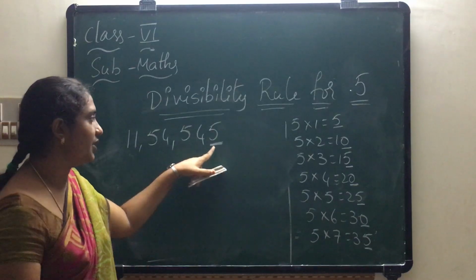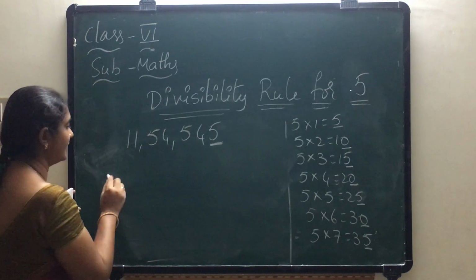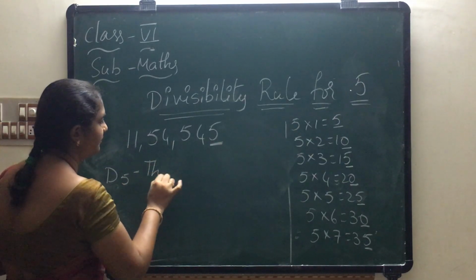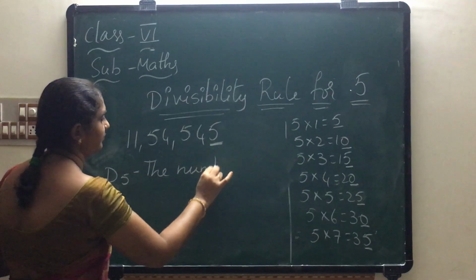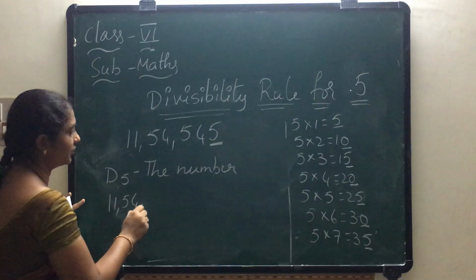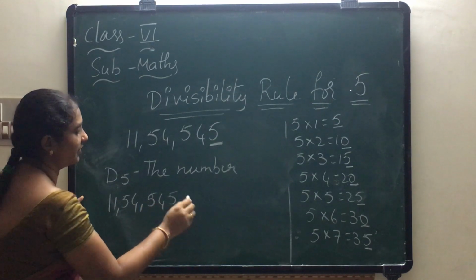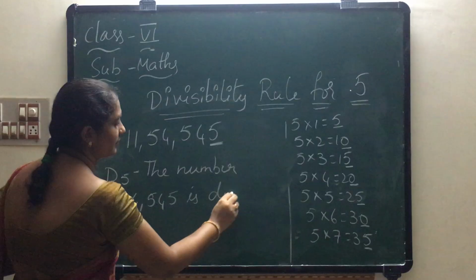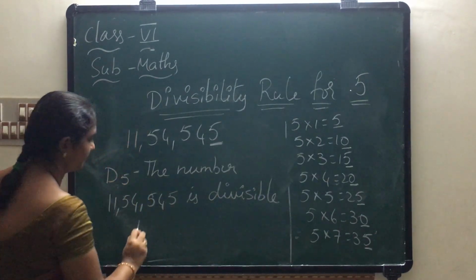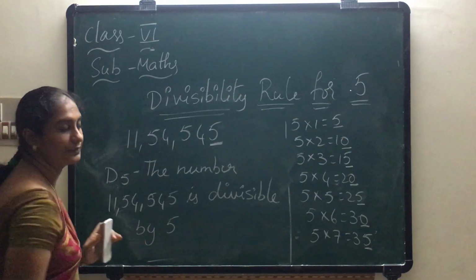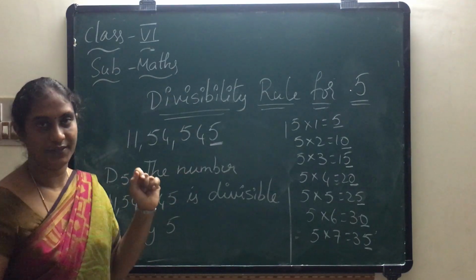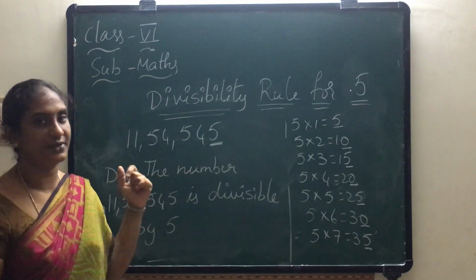Yes or no? So here we got 5. So the total number is divisible by 5. The number 11 lakhs 54,545 is divisible by 5. Okay children, why? Because in the ones place we got 5. So the total number is divisible by 5.